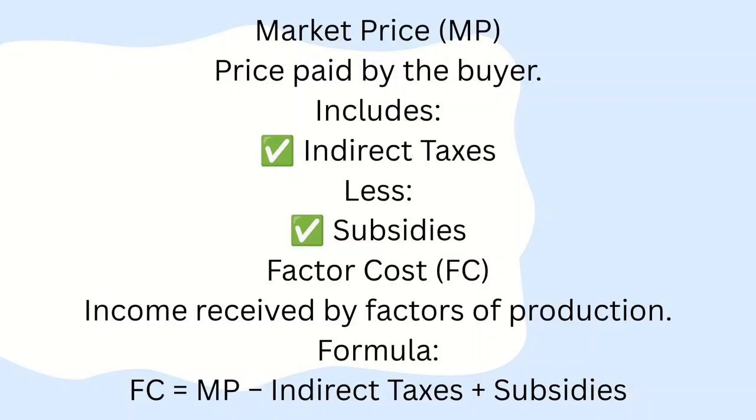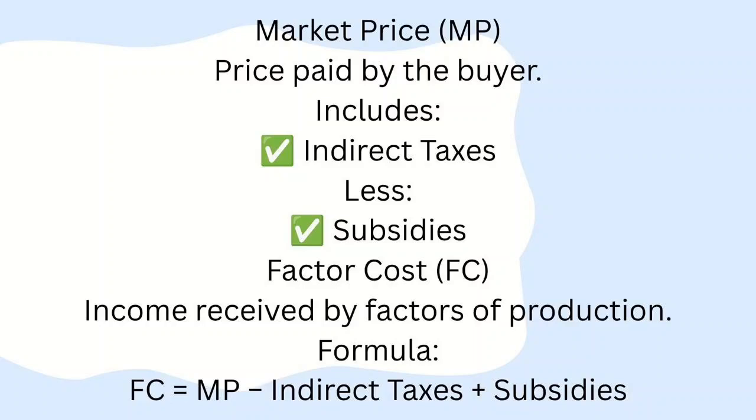Finally, let's understand market price and factor cost. The market price is the amount the buyer pays when purchasing a product. This price includes indirect tax such as GST and is affected by subsidies provided by the government. Factor cost, however, represents the income actually received by factors of production, that is land, labor, capital, entrepreneurship. That's why the formula is factor cost is equal to market price minus indirect tax plus subsidies.